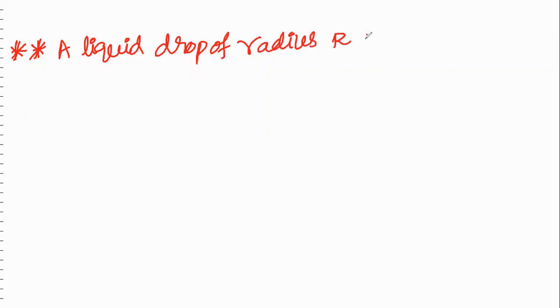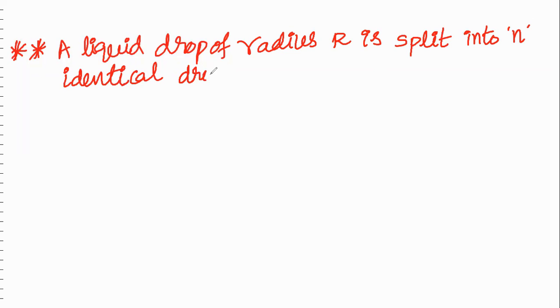A liquid drop of radius capital R is split into n identical drops. A drop of radius capital R is there.